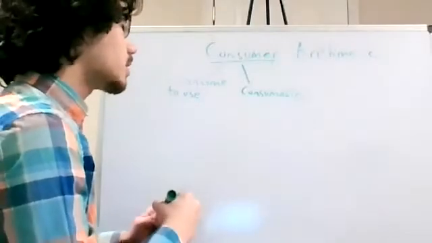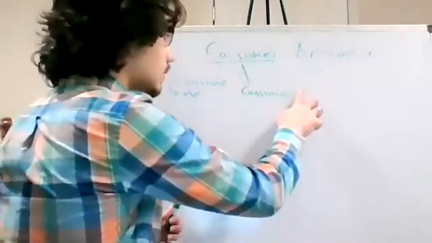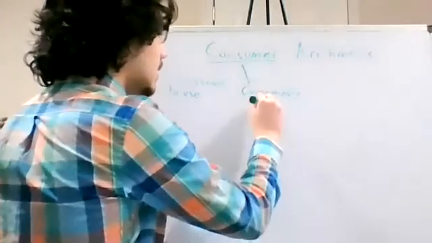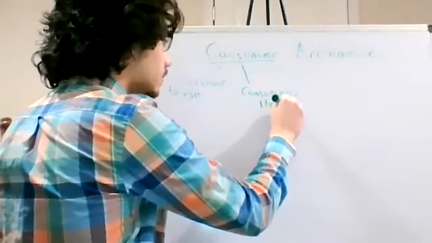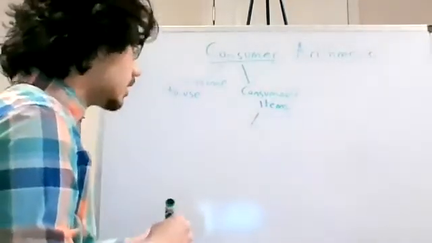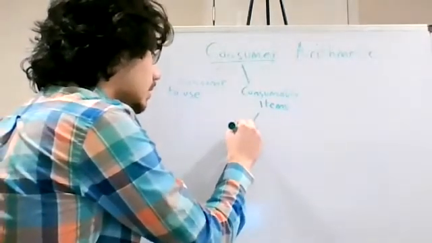Now, consumables are consumable items. So we can say instead consumable items. Consumable items are generally items that can be used.